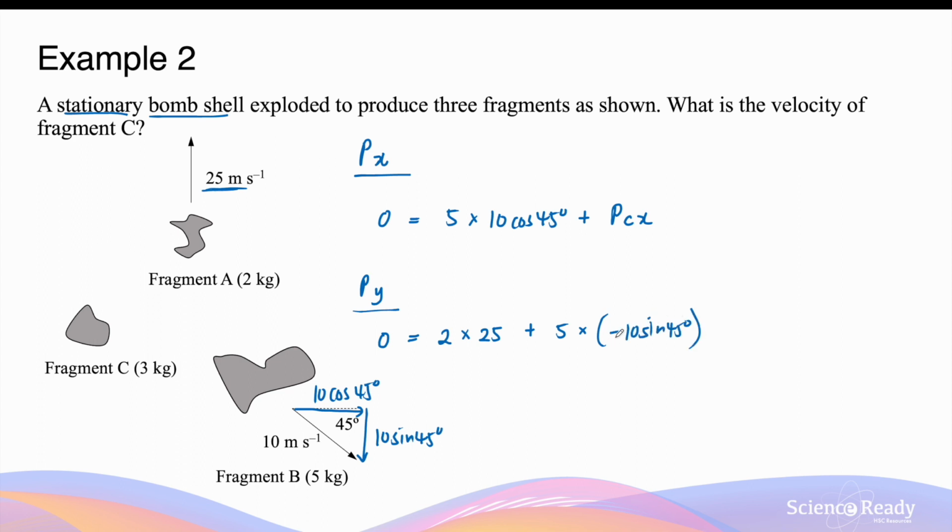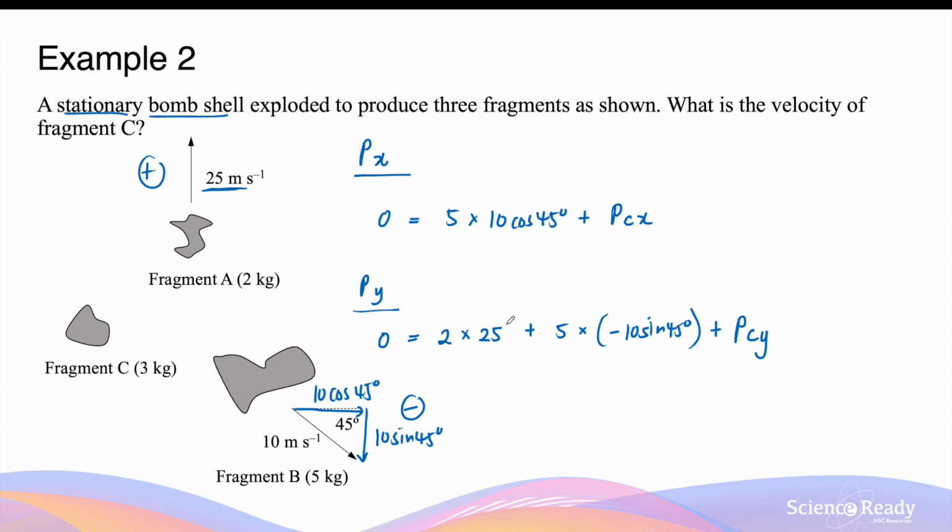We've added a minus here because we've defined the upward direction as positive in the y-axis, which makes the downward direction automatically negative. And finally, we have to add the momentum of fragment C in the y direction. Let's call that PCY.